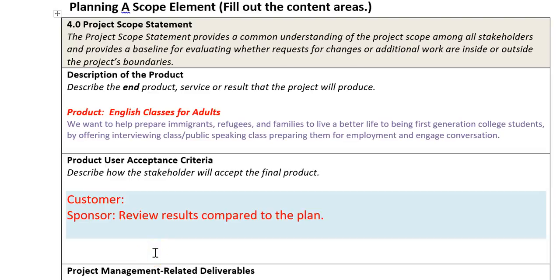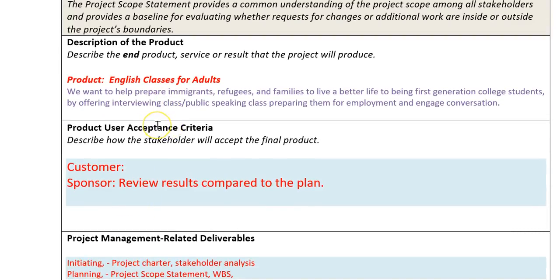So let's take a look at the planning element. We've divided it into 2 groups. Planning A is scope, time, and cost, and Planning B has more to do with risk, quality management, and communications. I just randomly did the first knowledge areas first and then moved on to the second.